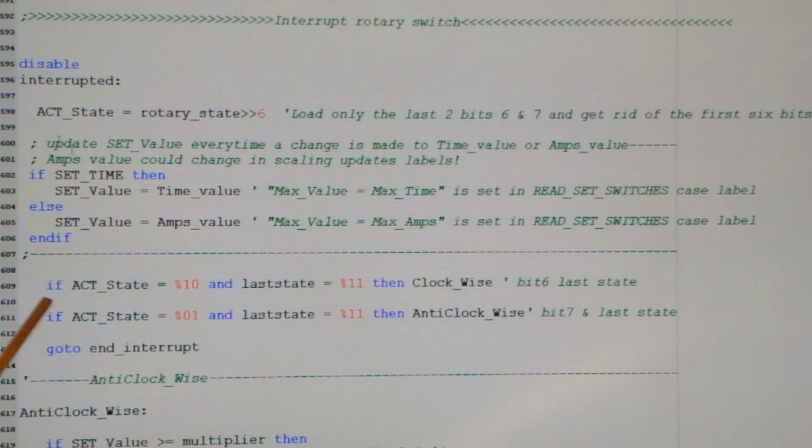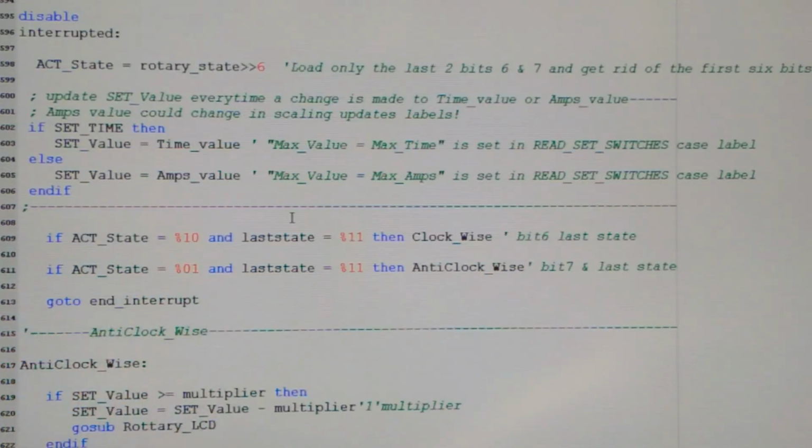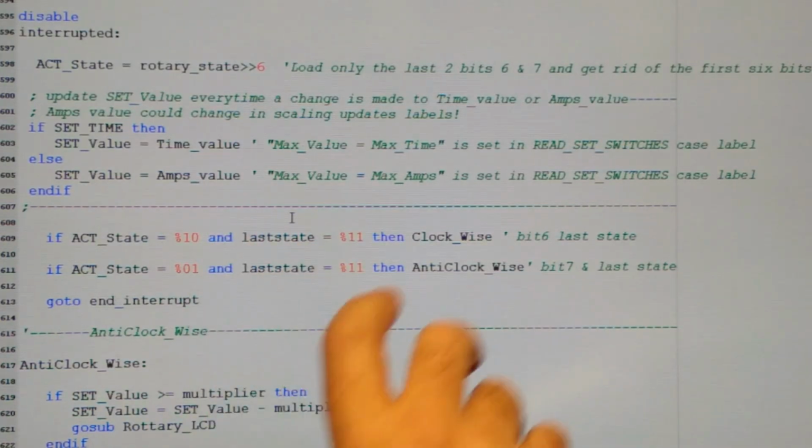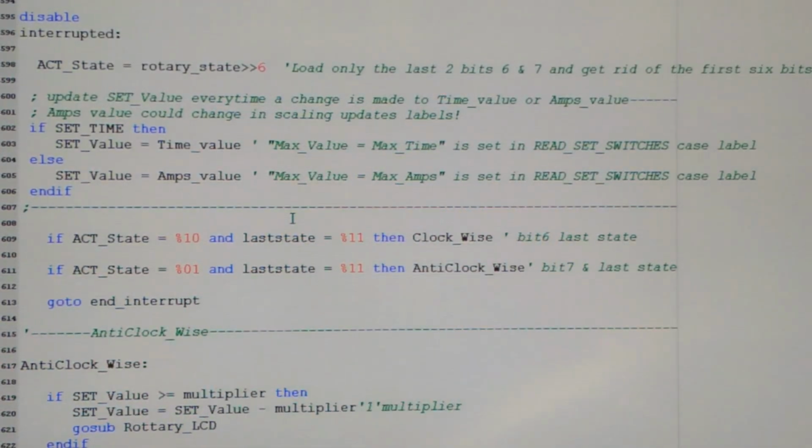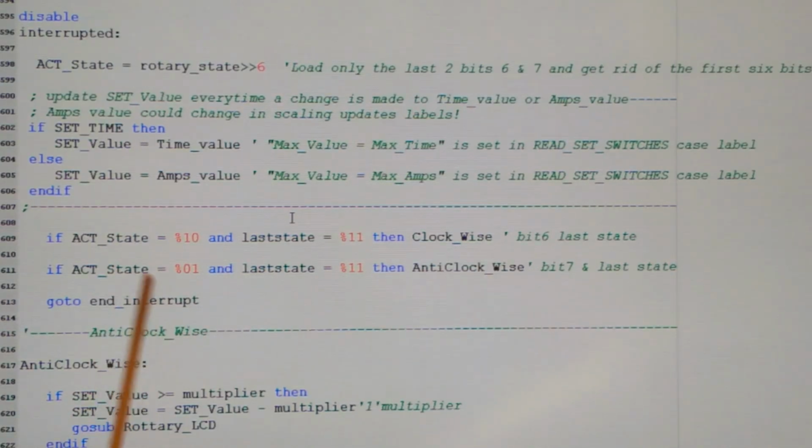And then I'm going to check whether the rotary encoder has been turned clockwise or anti-clockwise, and it does it here. So the actual state, if it's 1 and 0, it means it's gone clockwise. And the last state needs to be 1, 1.